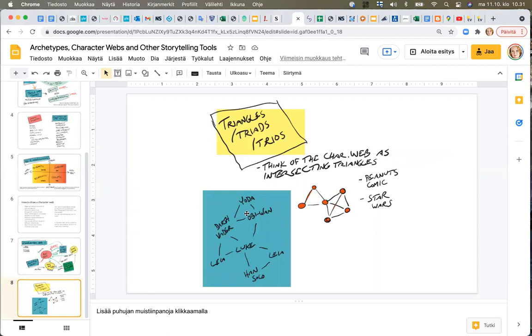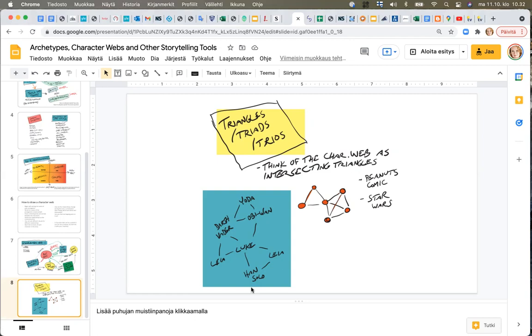But for instance, here there are intersecting triangles or trios with the Star Wars characters that we have. For instance, Luke Skywalker, who has a relationship both to Han Solo and to Leia, and of course Leia has a relationship to Han Solo. So those three make a triangle, which is not what it seems. So it changes when Luke and Leia learn about each other.